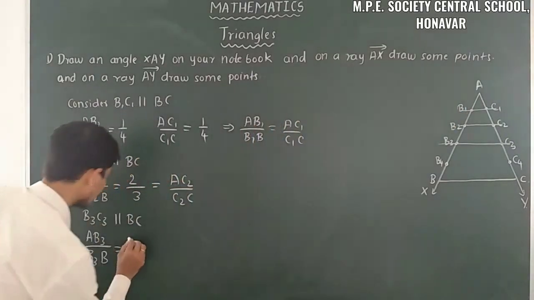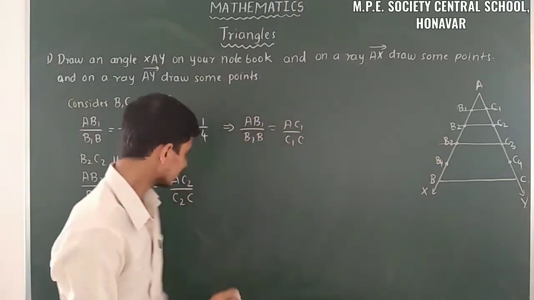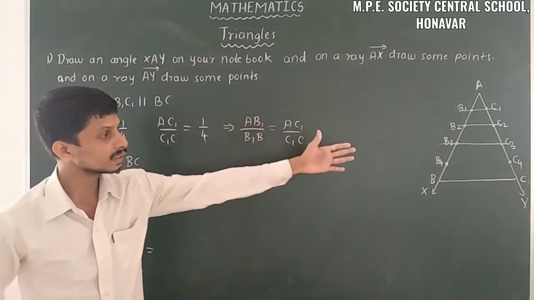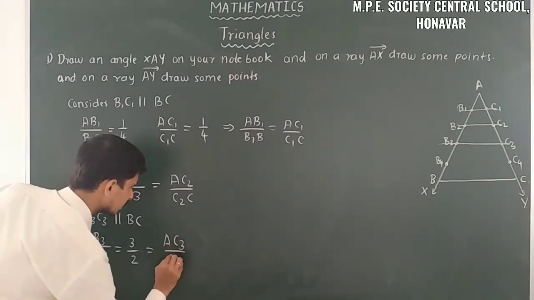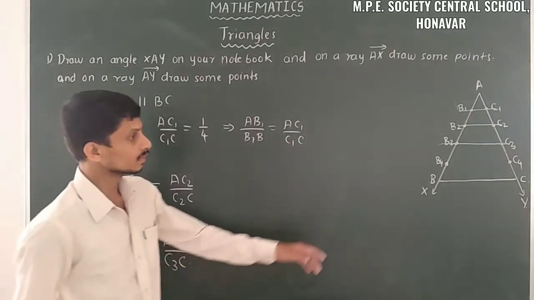So we can take 3 here. Then here there is 1 distance, so that is 3 by 1. The same holds for AC3 by C3C.